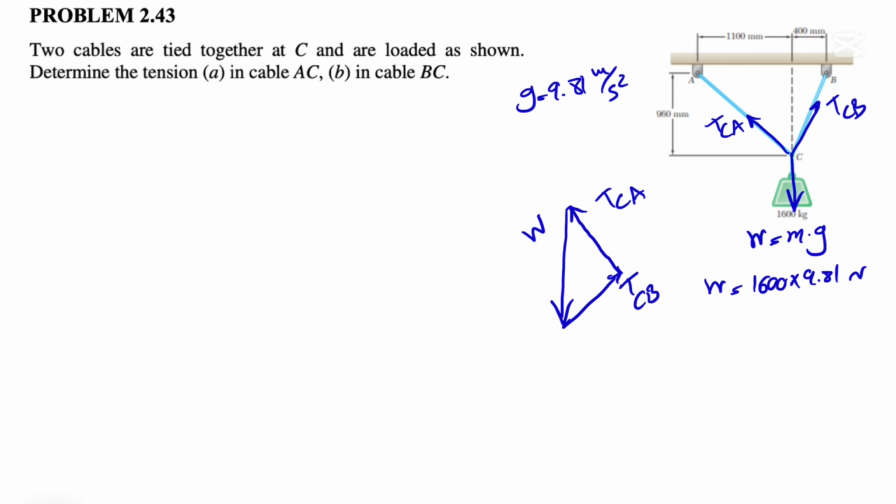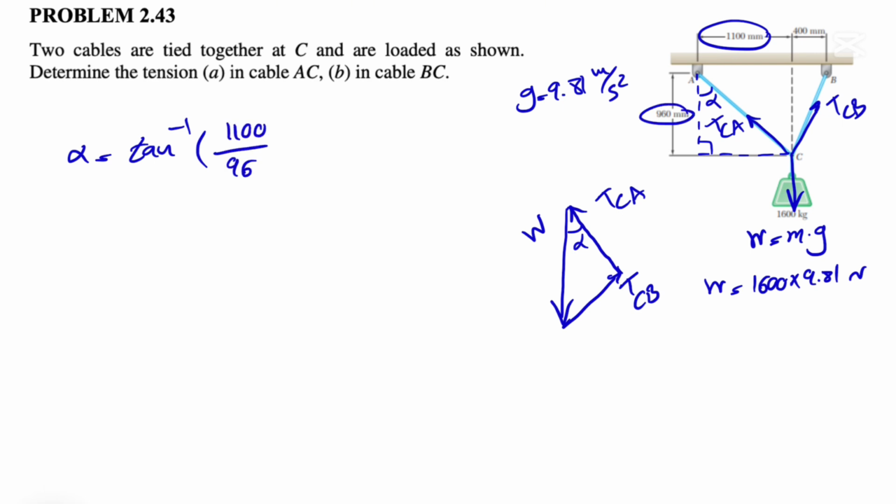So we need to figure out some angles in order to use our law of sines. We can call the angle in here alpha. Alpha is easy to find if we look at this right triangle. To find alpha, we basically have the tangent inverse of the opposite side, which is 1100, over the adjacent, 960.